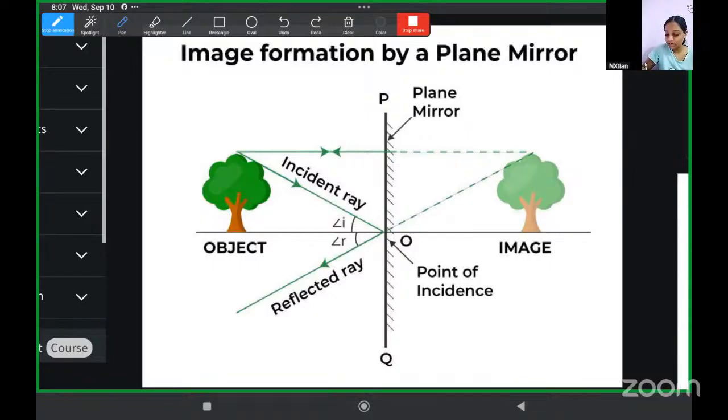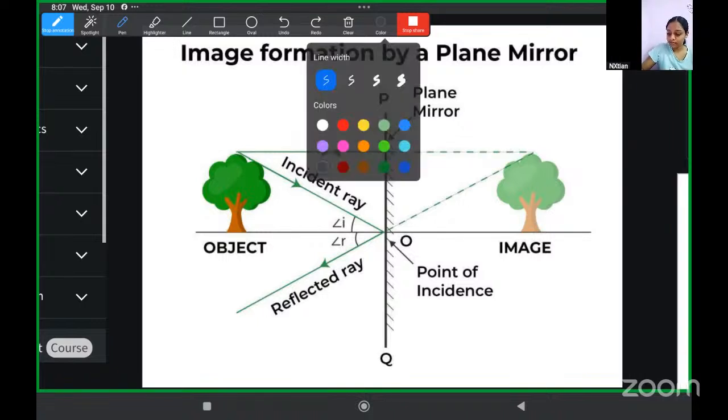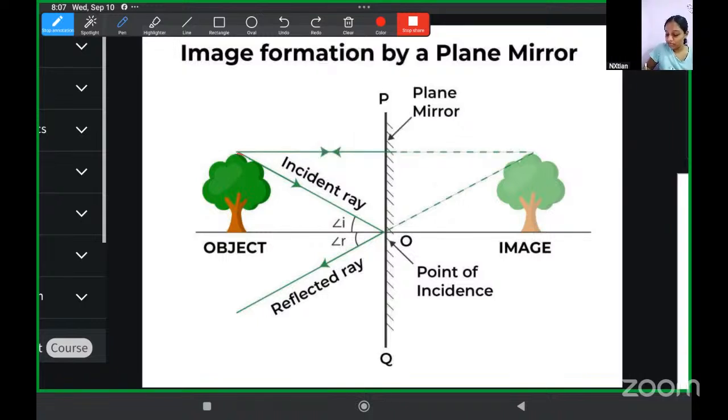This is the incident ray, and this is the reflected ray that is falling back. Now, when you extend these lines, the incident ray this side and the reflected ray this side, on the back of the mirror, the image is being formed.